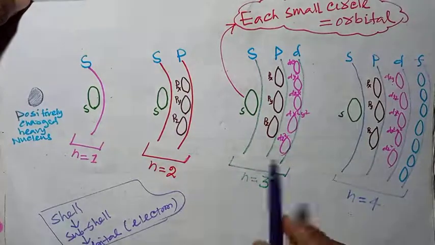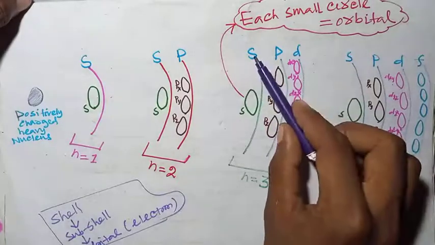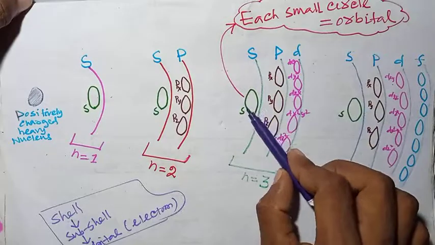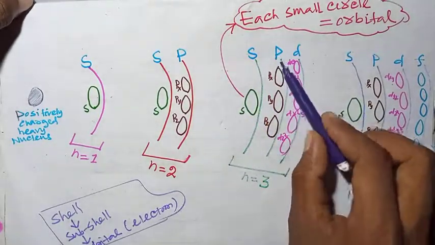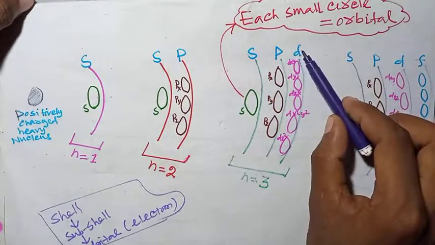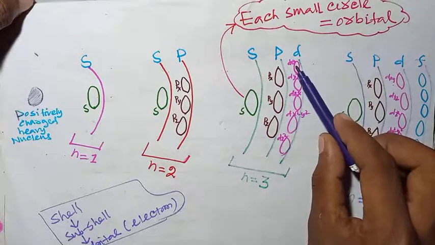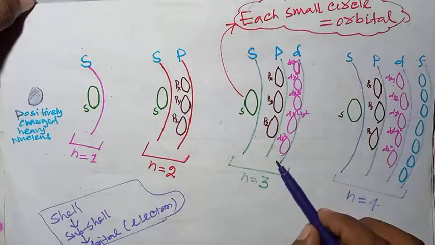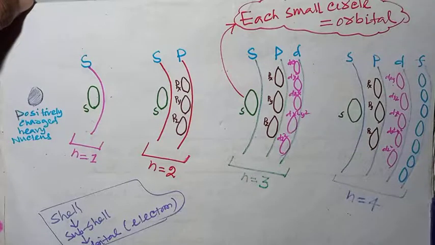Similarly, shell number 3 contains 3 subshells: S, P and D. S has one orbital, P has 3 orbitals, and D has 5 orbitals: dxy, dyz, dzx, dx square minus y square and dz square. And shell number 4 contains 4 subshells.